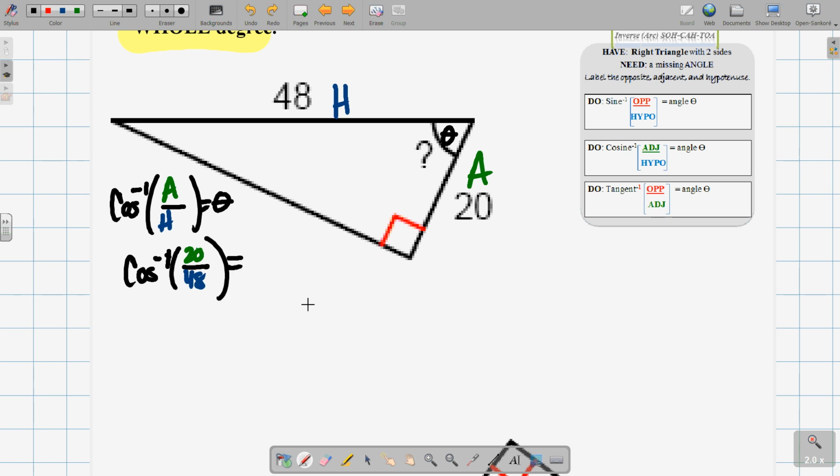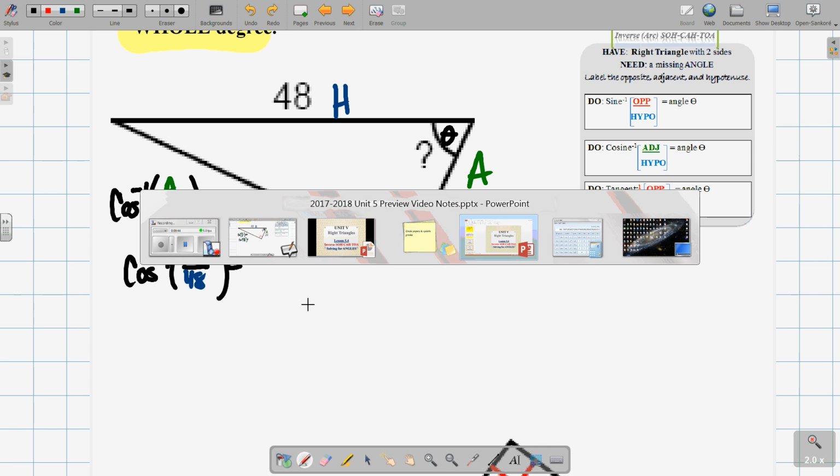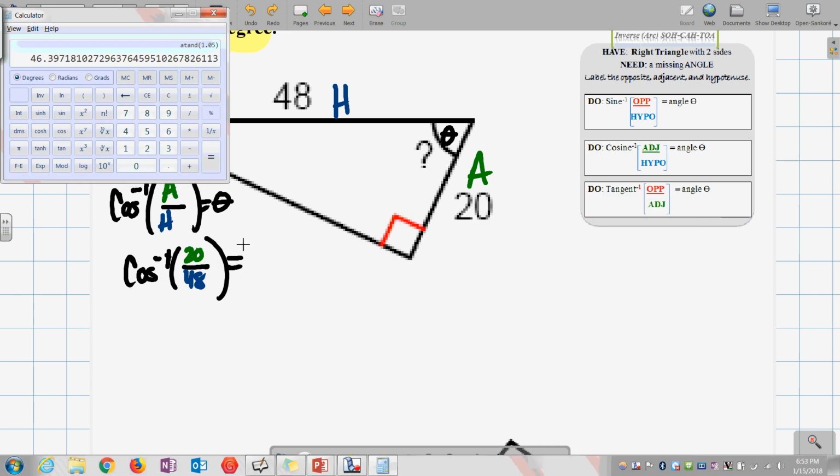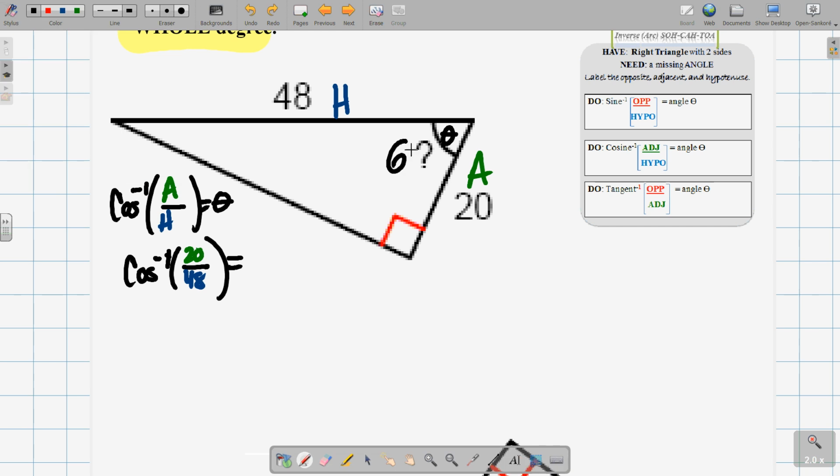It's going to give us that unknown angle. 20 divided by 48, inverse cosine, 65 degrees. Which would make this 25 degrees over here.